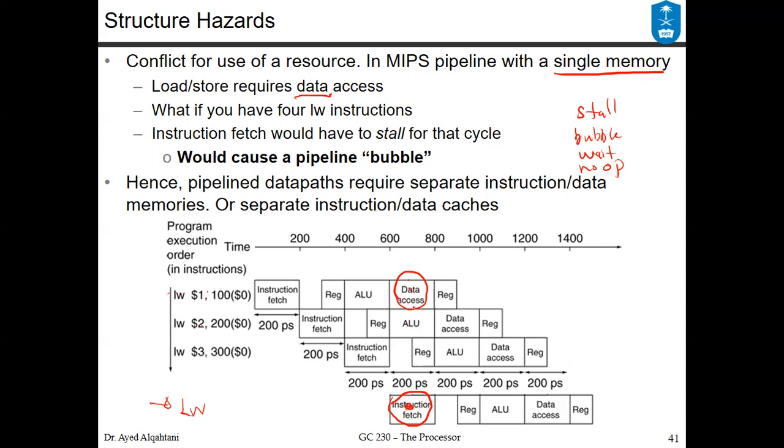Or actually, it's the other way around. The first load is holding the data memory, and that's fine for the 4th load because it doesn't need the data memory. It actually needs the instruction memory for fetching. So for the structural hazard, if you want to rectify this situation, add more resources or split the resources, as you can see in the data and the instruction memory.